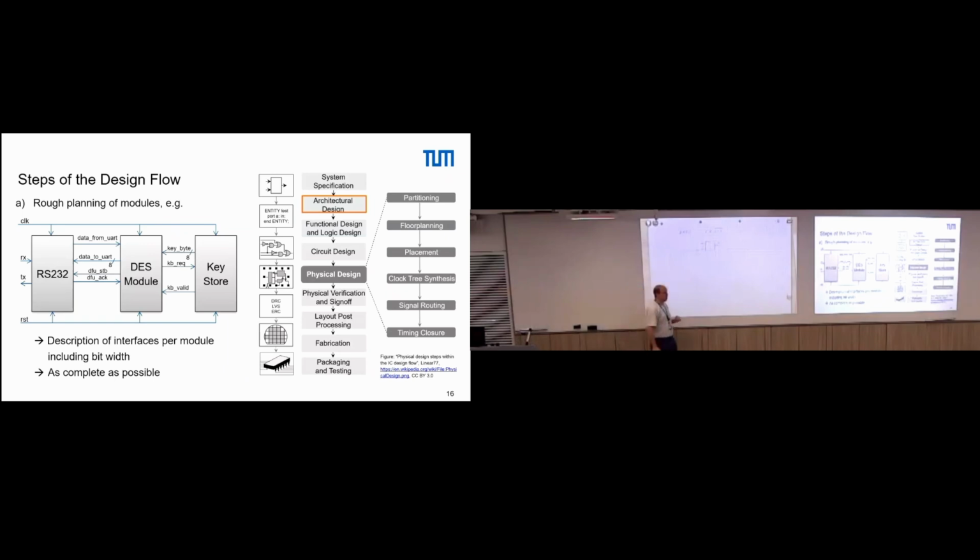You can also reuse parts, which helps a lot, because such an interface is certainly not used only once, but in most of your designs. Then you can just say, okay, I use this building block I did in the past, and for the rest, I do some new implementation.